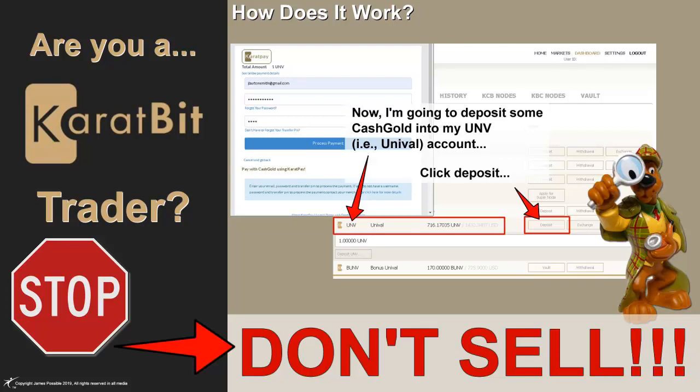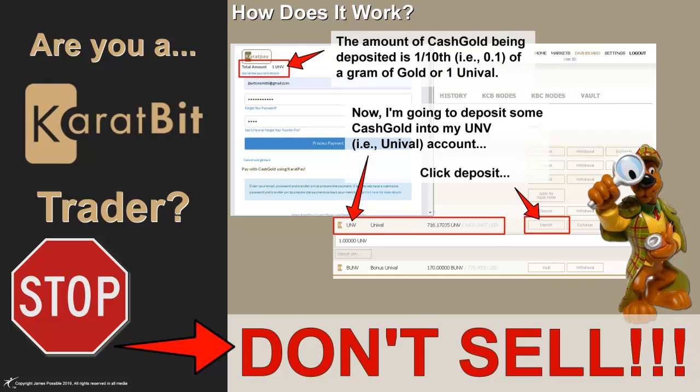Now, I'm going to select 1 Unival, and then it's going to prompt me. I'm going to get this little pop-up window that says KaratPay, and so I have to log in. So from the Karatbit side, I have to actually log into my KaratPay wallet so I can transfer 1 Unival in this case, or 1/10 of a gram, right?